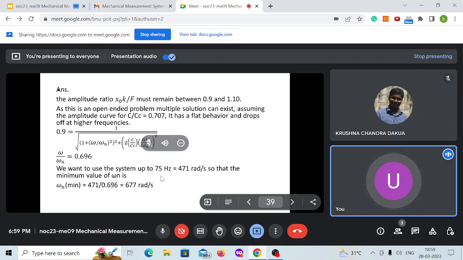We know that the system is below 75 hertz. For 75 hertz, omega is 471 radians per second. So the minimum value of omega n, substituting 471 radians, is 677 radians per second. So the actual frequency of the system should be 677 radians per second.